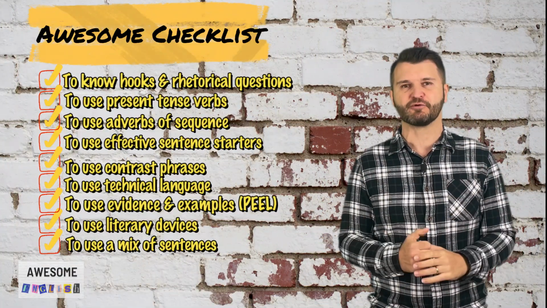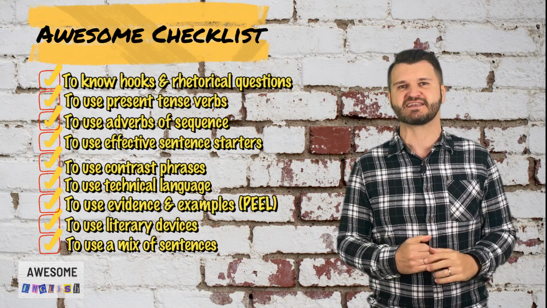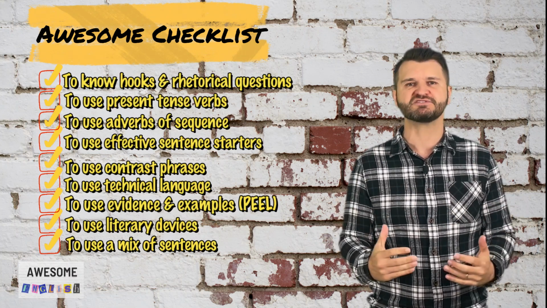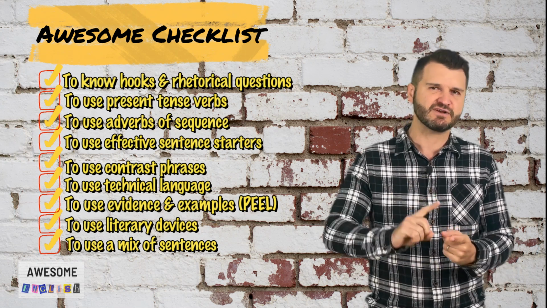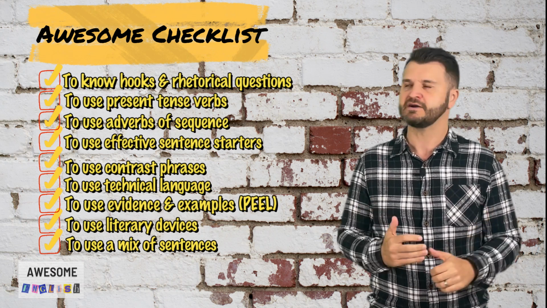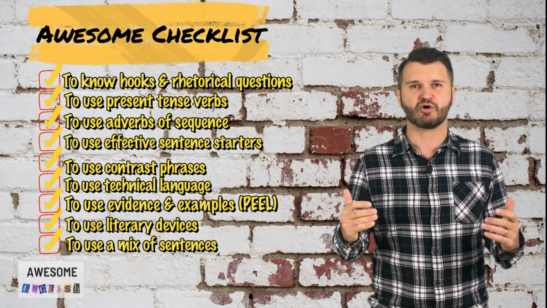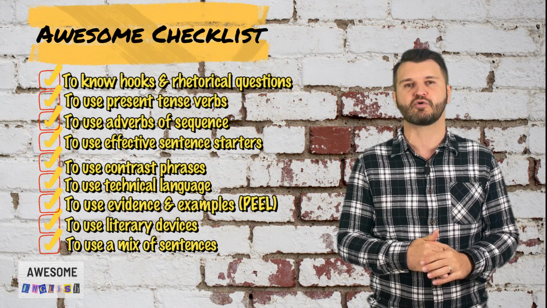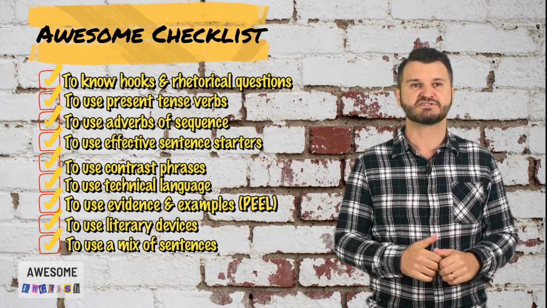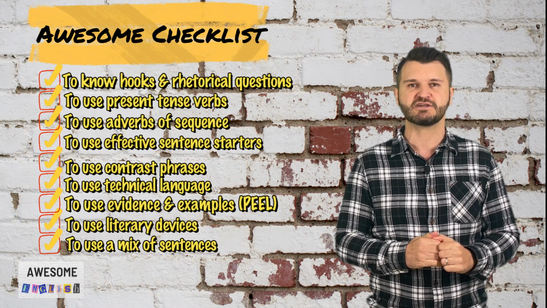Alright, so now it's time for a recap on the learning objectives we set ourselves at the beginning of the lesson. Now remember, you don't have to describe these in great detail, but if you can give an example or try and explain in your own words, give me a thumbs up. So the first one, to be able to know we use hooks and rhetorical questions. To be able to use present tense verbs. To be able to use adverbs of sequence.